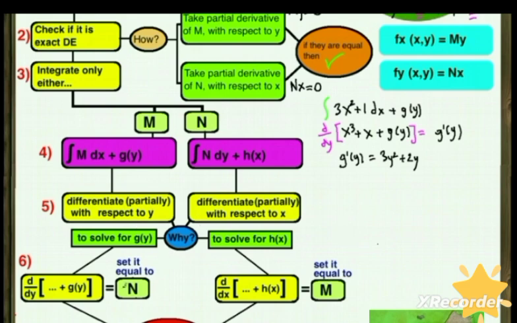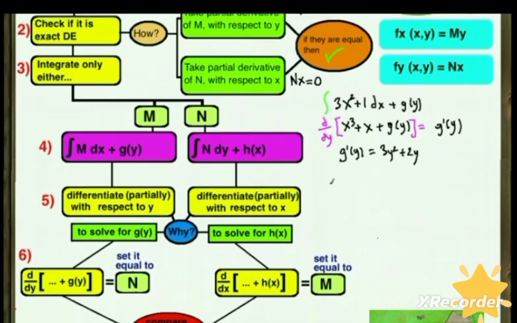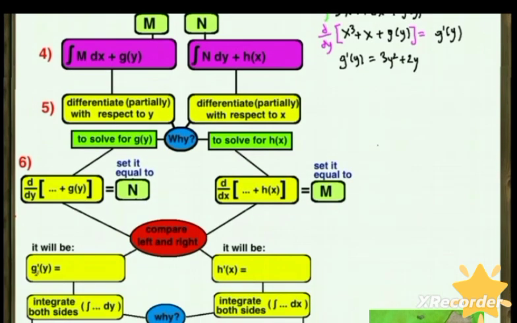So whichever half you integrate, you set it equal to the other half. And here g prime of y equals the other half, which is n. And we're going to compare left and right side. Since there is nothing to subtract or add here, that's clear as desired g prime of y. So this step is automatically done for us.